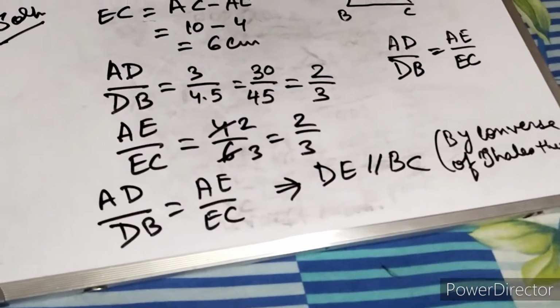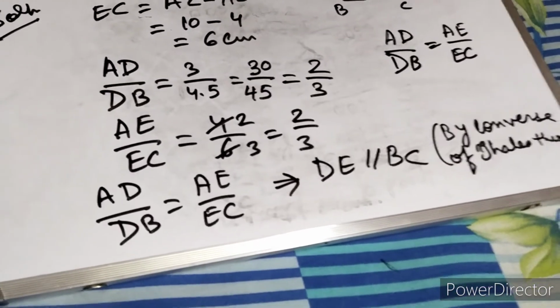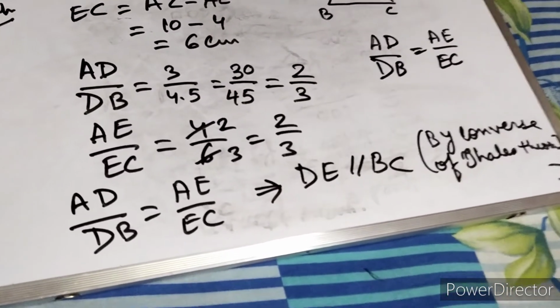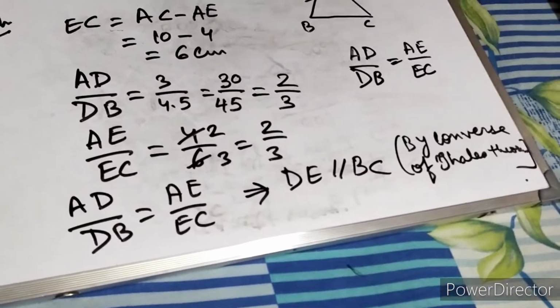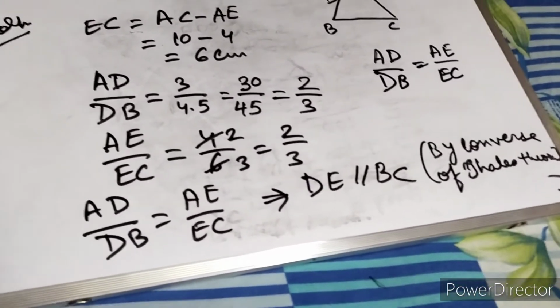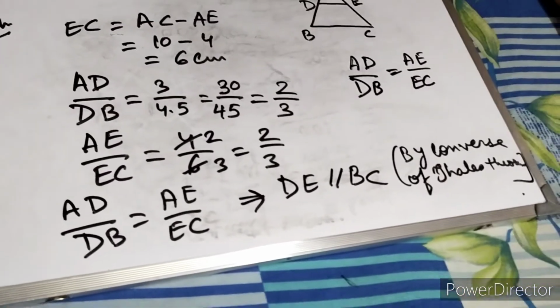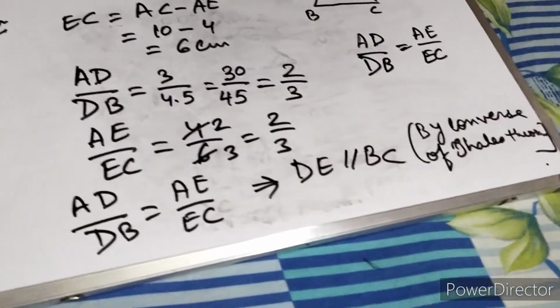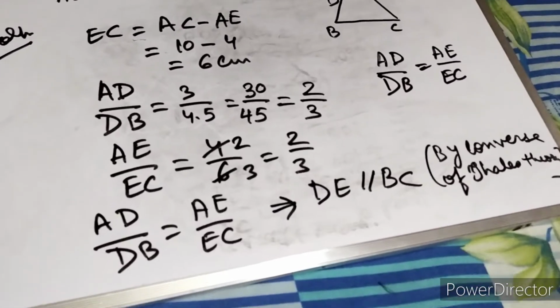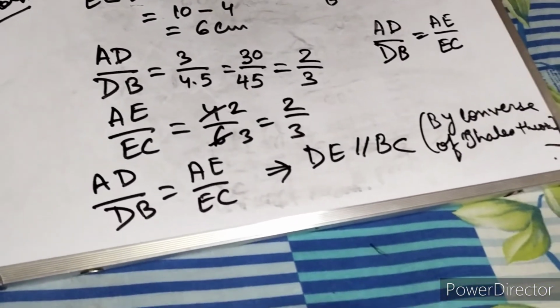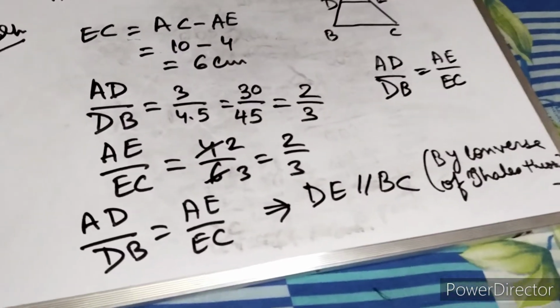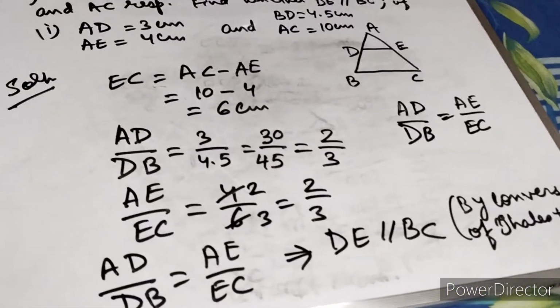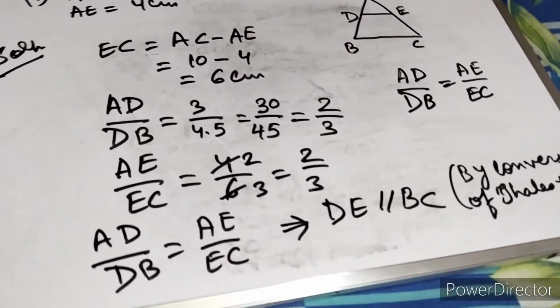If you can't understand an example, because sometimes in examples there is a step jump, do it in your copy and do it yourself. See which theorem is applied and what reason is given, why it is applying. If you understand the examples properly, the exercise will be very easy to solve, and it's nothing very scary, this triangle chapter.